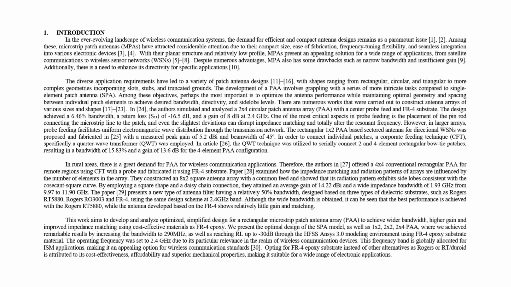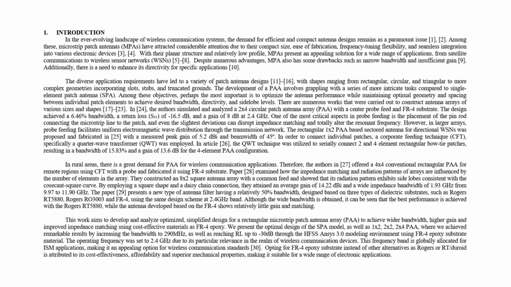We present the best performing designs of the single patch antenna model along with 2, 4, and 8 element patch antenna array configurations, achieving good results such as 290 MHz bandwidth and a return loss up to minus 30 dB.